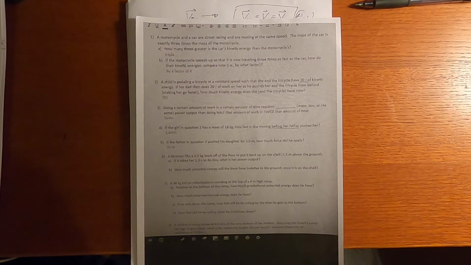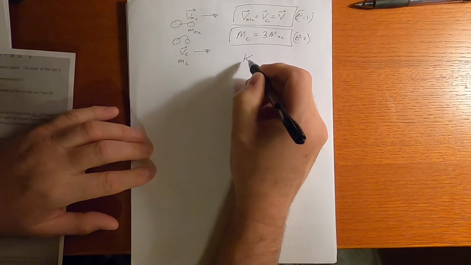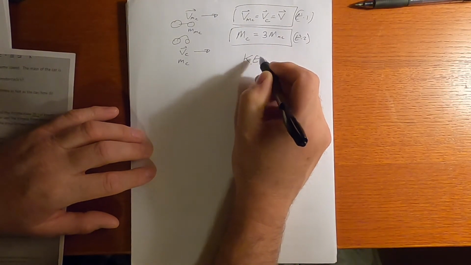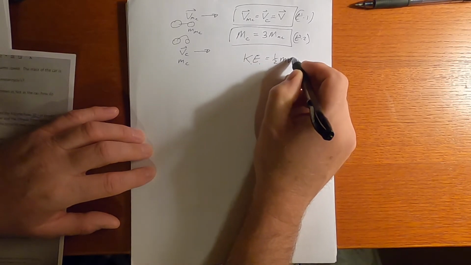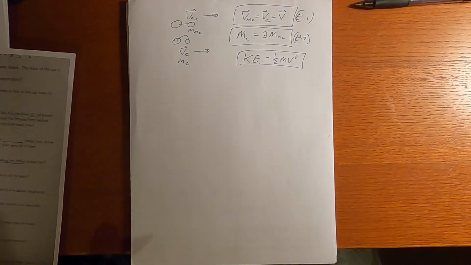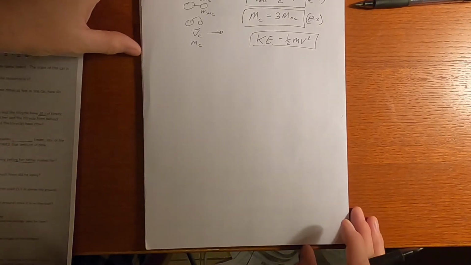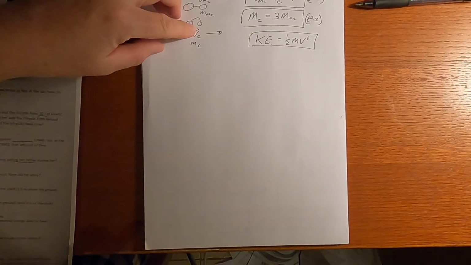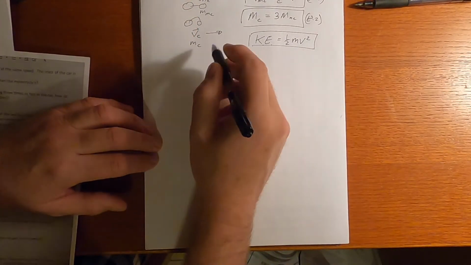It says how many times greater is the car's kinetic energy than the motorcycle's. So first, what is the definition of the kinetic energy here? Basically we have 1/2 mv squared, and there's your kinetic energy equation. To get the factor of how many times bigger the kinetic energy of the car is over the motorcycle, I'm going to create a ratio.